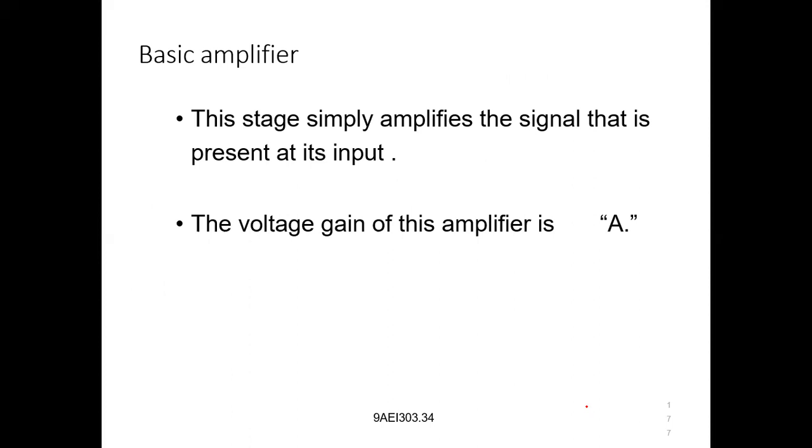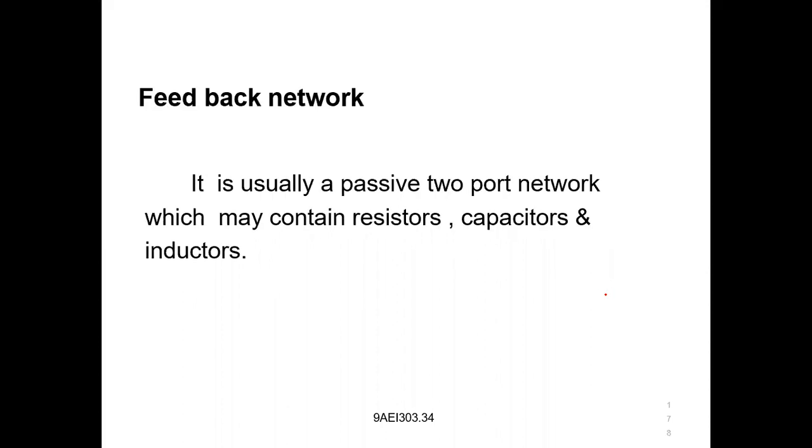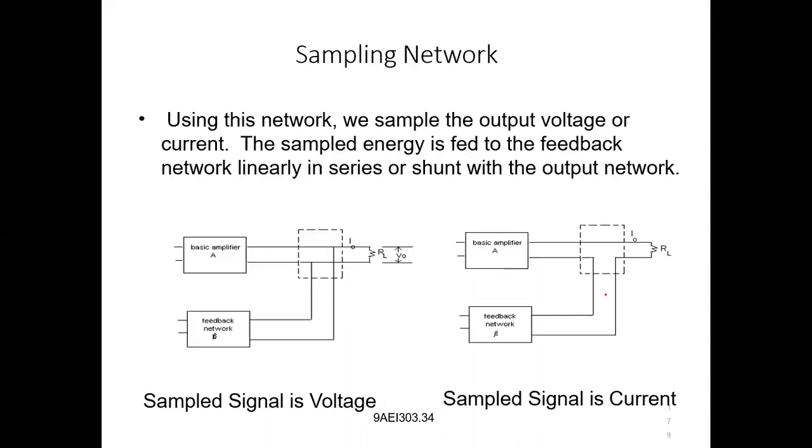The voltage gain of this amplifier is A. The feedback network is usually a two-port network which may contain resistors, capacitors, and inductors.